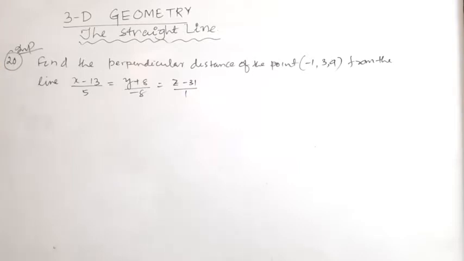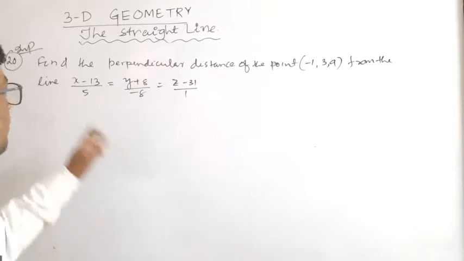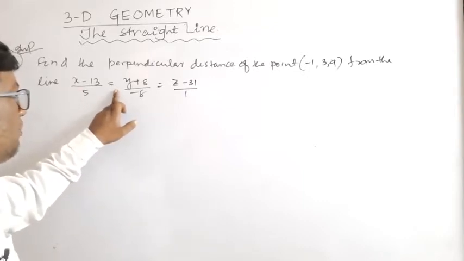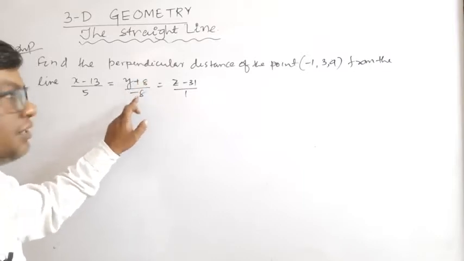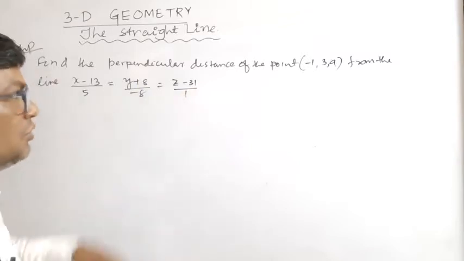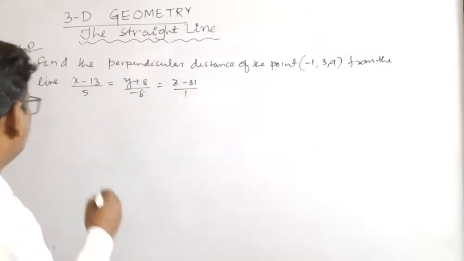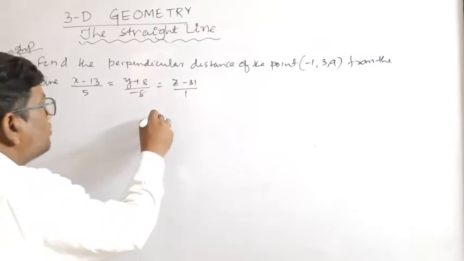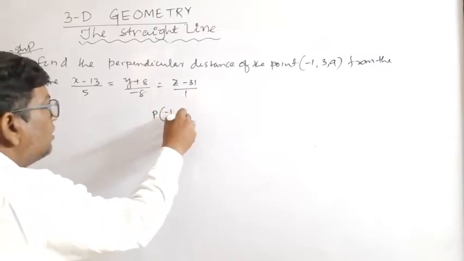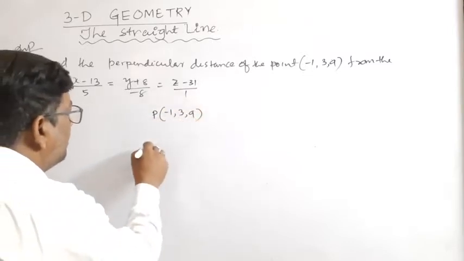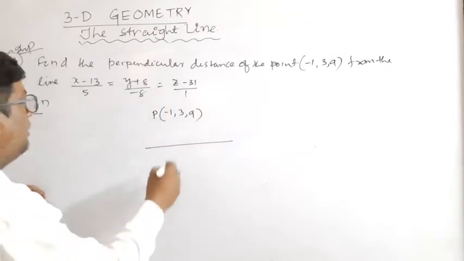Find the perpendicular distance of the point (-1, 3, 9) from the line (x - 13)/5 = (y + 8)/(-8) = (z - 31)/1. So this is the question. Solution: suppose P (-1, 3, 9) is the given point, and this is the line.